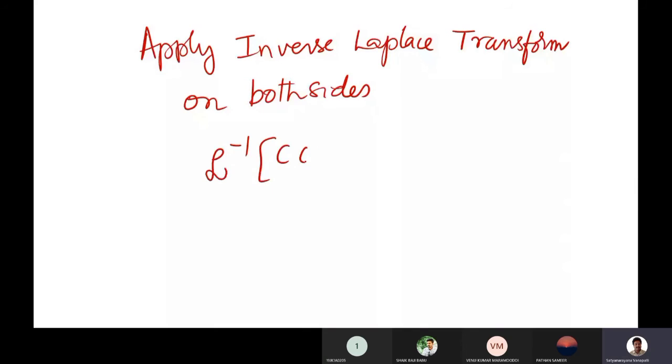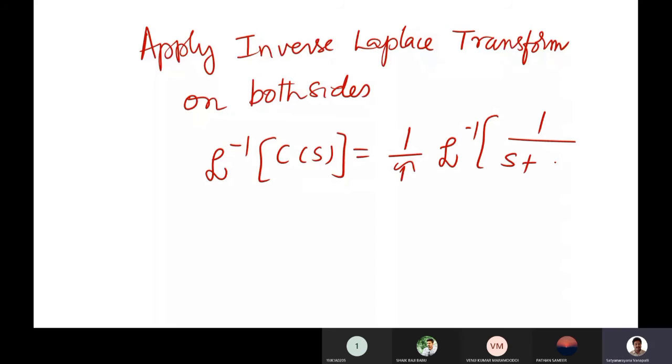The inverse Laplace transform of C of S is C of t, which is equal to 1 by tau into the inverse Laplace transform of 1 by S plus 1 by tau, which is e power minus t by tau.